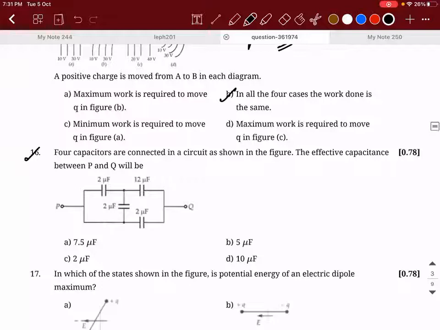16th. 4 capacitors are connected in the circuit as shown in the figure. The effective capacitance between the points P and Q will be? What is the answer? So what is going to be the effective capacitance? Five, sir. How did you get it?